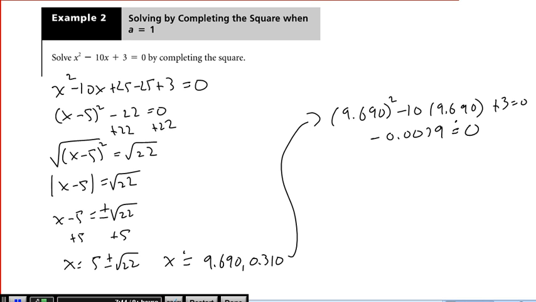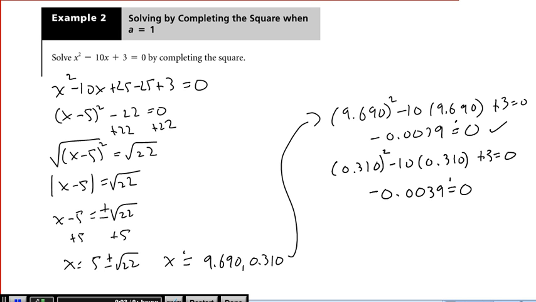And that's close enough to 0, so that's good. Let's try the other guy. And here's our second check. If you did everything right, these two numbers should be the same. So even on our approximate decimal checks, we should end up with identical approximate decimal checks. Okay, so even though we're not getting 0 equals 0, we can still check and make sure that those two approximations are the same.